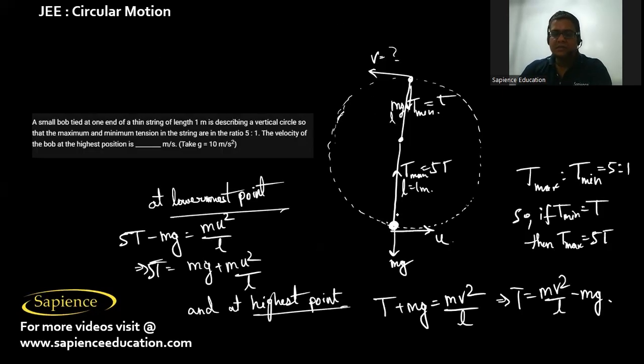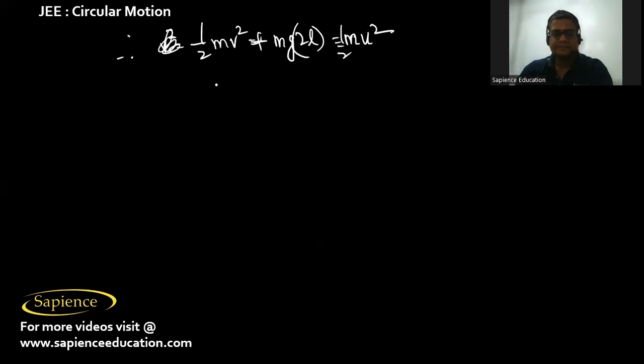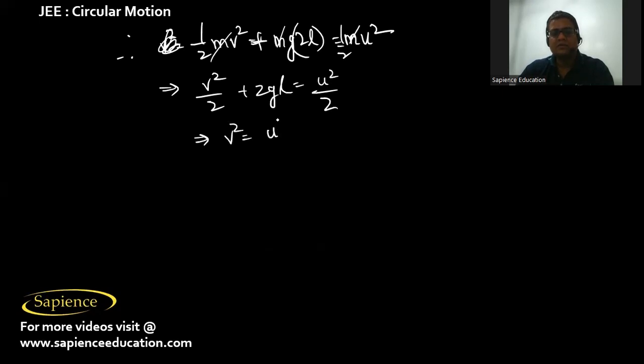It means the kinetic energy plus the potential energy at the highest point is equal to the kinetic energy at the lowermost point. Therefore, v square by 2 plus 2gL, m cancels out, is equal to u square by 2. So v square will be equal to u square minus 4gL.